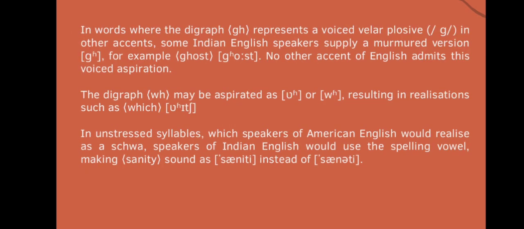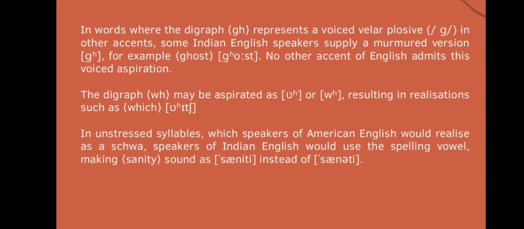In words where the digraph represents a voiced velar plosive, G, some Indian English speakers supply a murmured version of G, for example, ghost. No other accents of English admit the voiced aspiration.